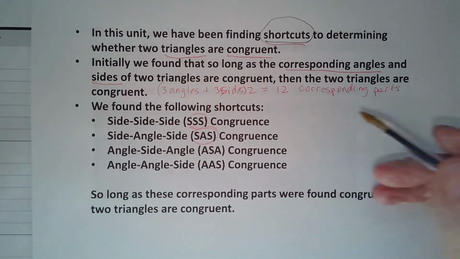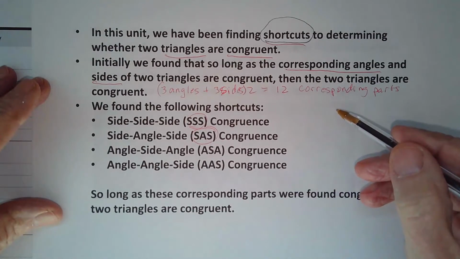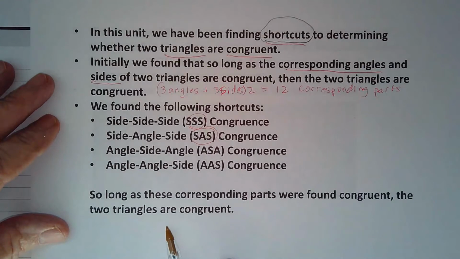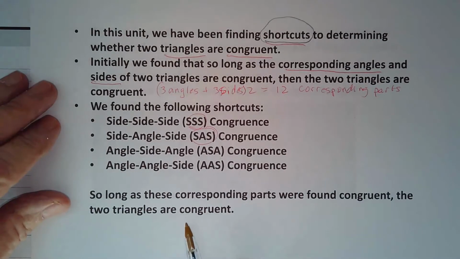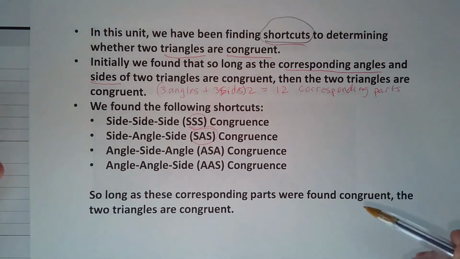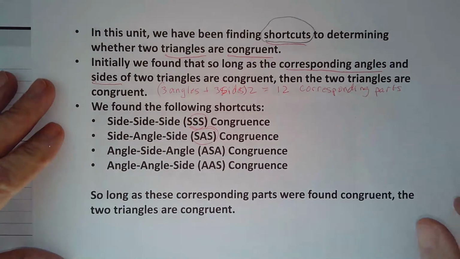You don't have to go through all 12 corresponding parts in those cases. Saves time. These ancients were out building palaces and castles and temples on a grand scale, and the people that worked under them needed shortcuts. This is kind of how all this developed. It was a practical thing.